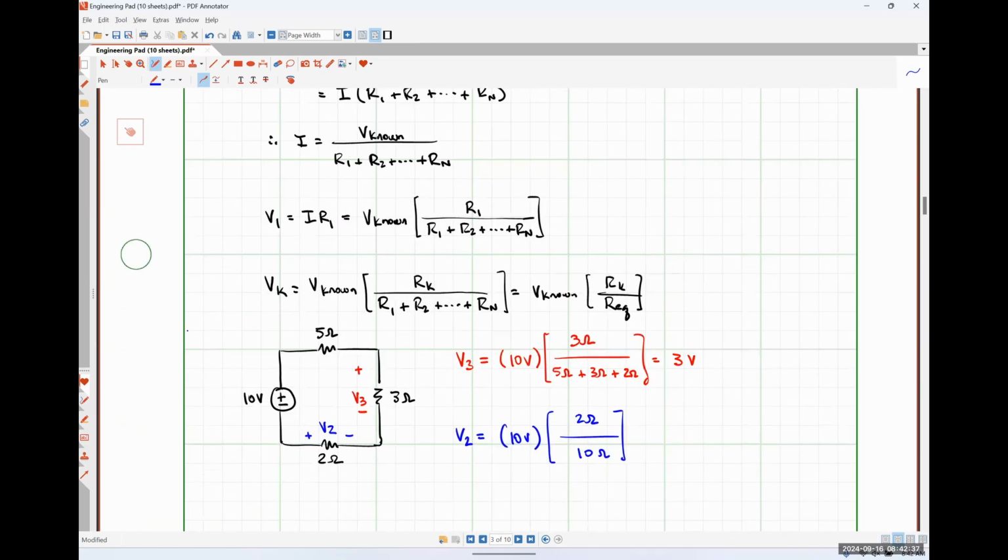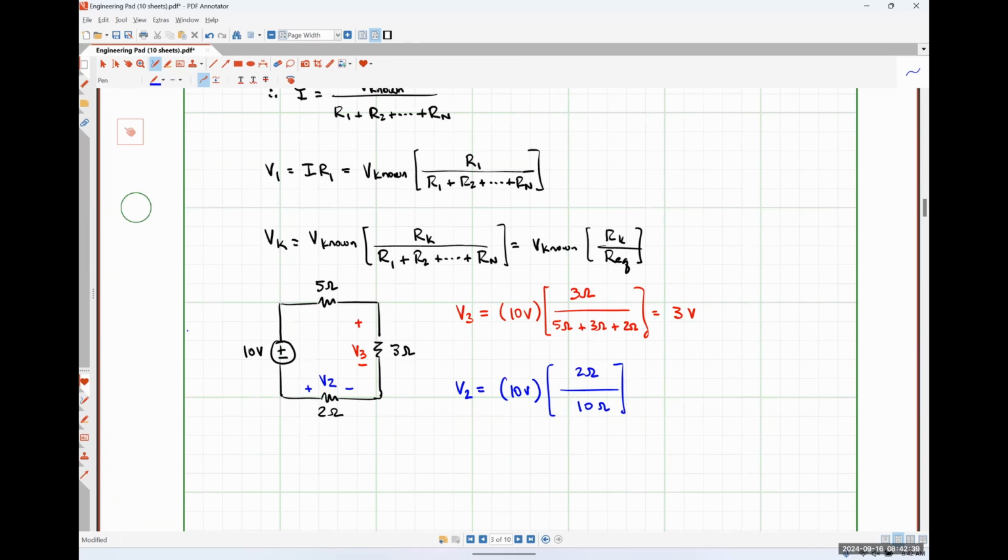So V2 needs to have a negative sign out front because it's the opposite polarity from how we defined things. Okay. So that would be negative 2 volts. So everybody understand why that one gets the negative sign?